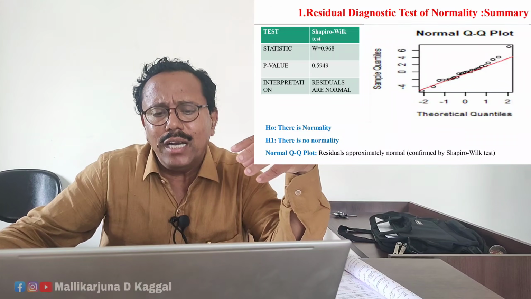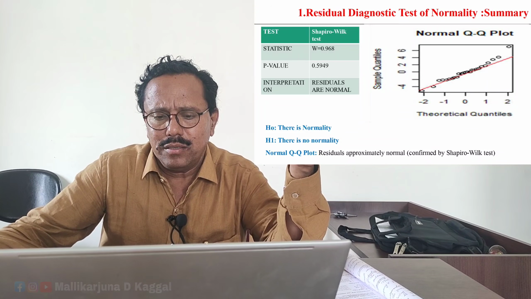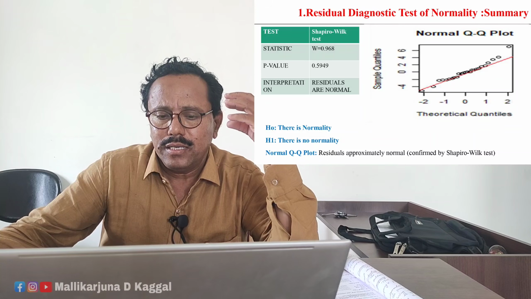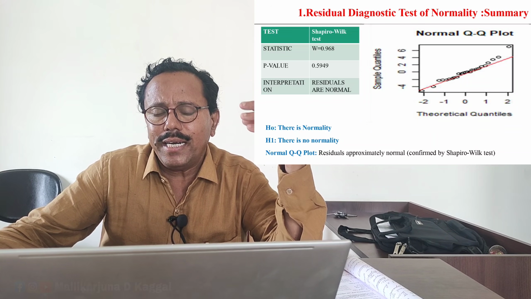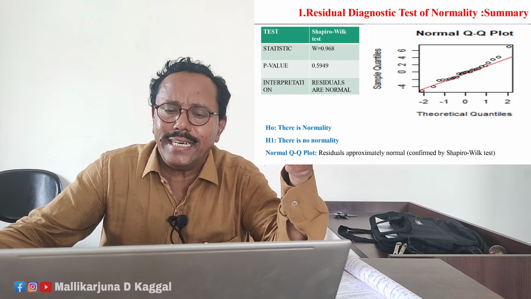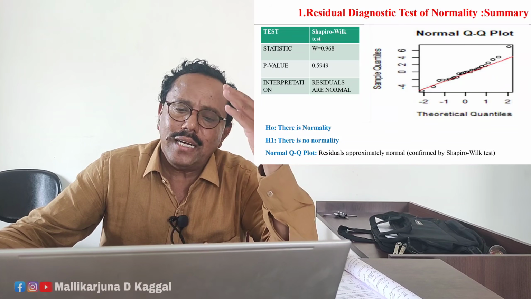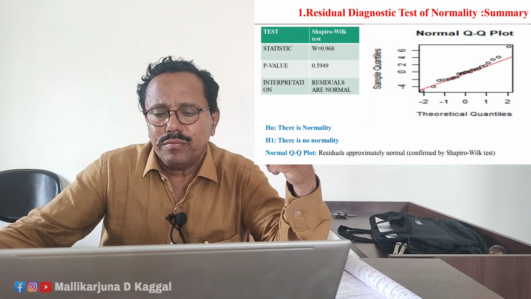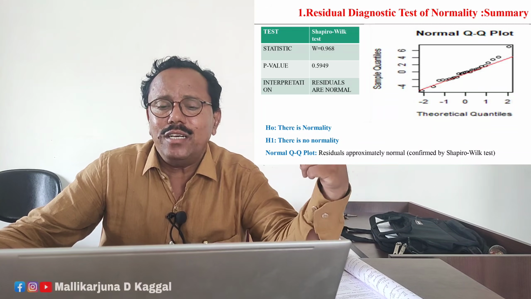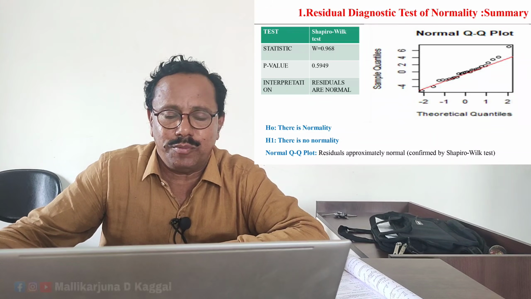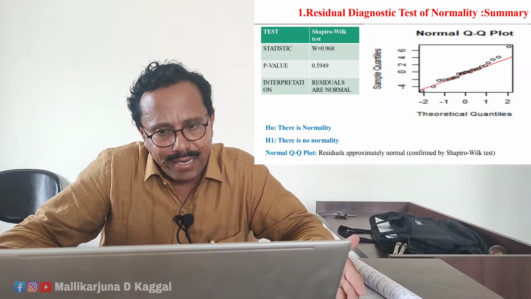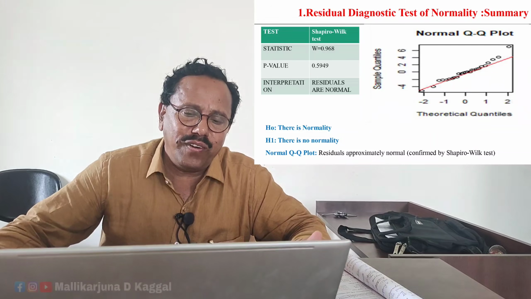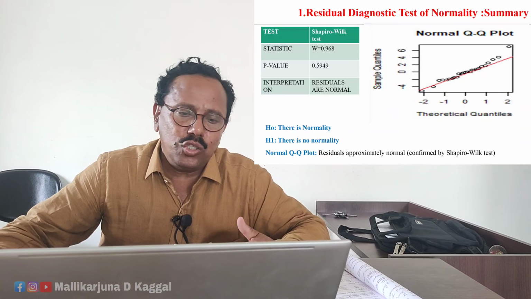If your calculated value is more than the critical value, we say that the alternative hypothesis is accepted. If the calculated value is less than your critical value, the null hypothesis is accepted. For this we need to refer to the respective tables under three situations.